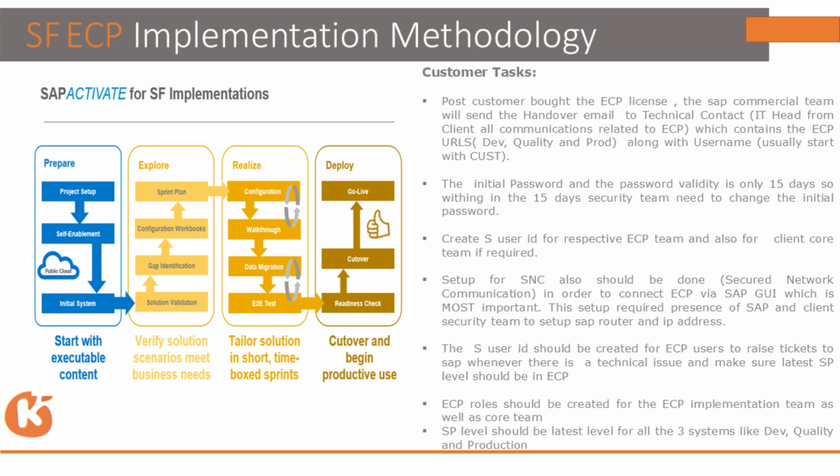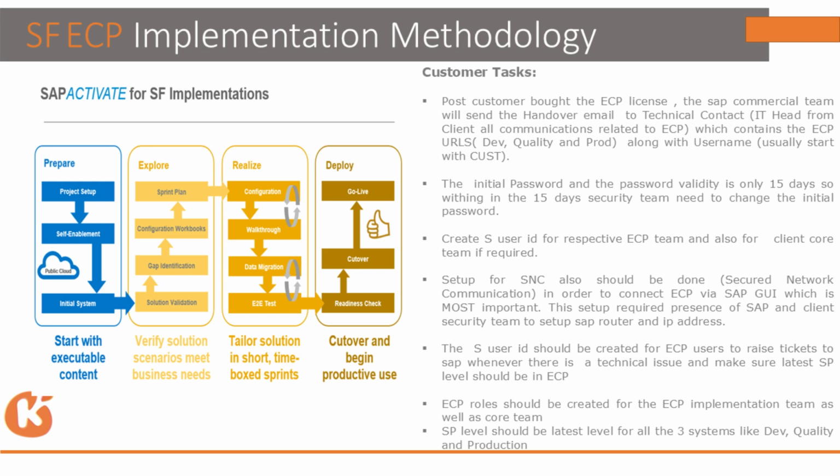In the welcome mail you get all your system URLs. When it comes to ECP, as I told, it is a 3-tier architecture, which includes development, quality, production. All these 3 URLs you will get in the mail, saying: hi customer, please find below your system URLs, along with the client ID, the system ID, the initial username and the initial password.